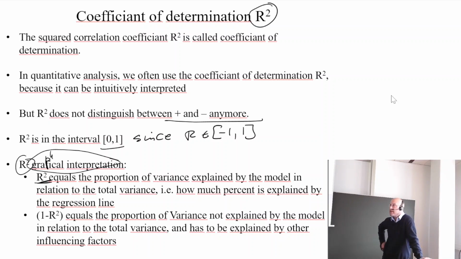That we can interpret this number if we have there, for example, 0.7.